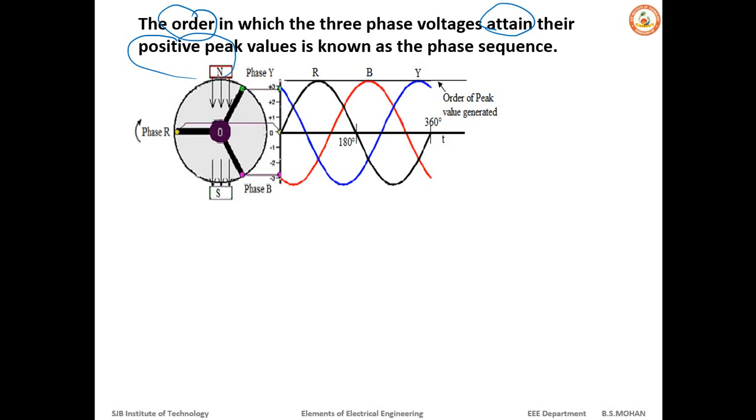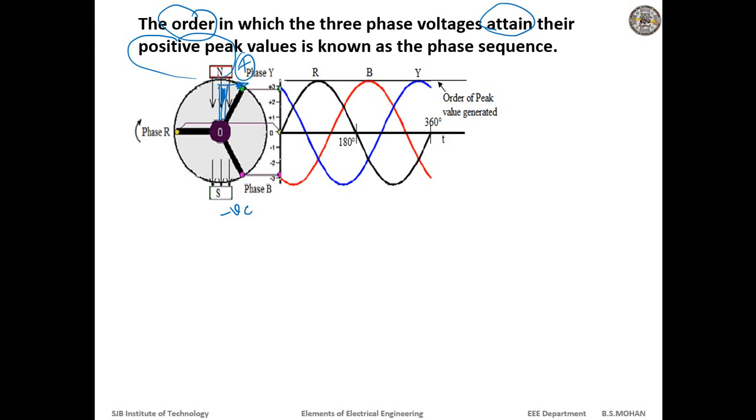If these are your flux lines, on the north pole only we get positive values, and at the south pole we assume we get negative values. So when the conductor comes parallel to the flux lines, or the force experienced by the conductor is perpendicular, only then we get maximum. From this instant, Y has already left.